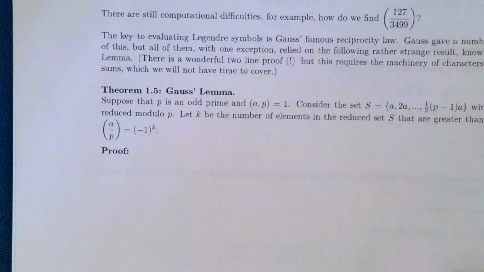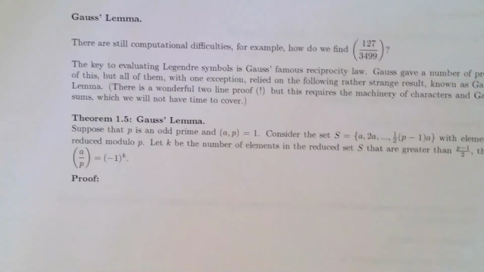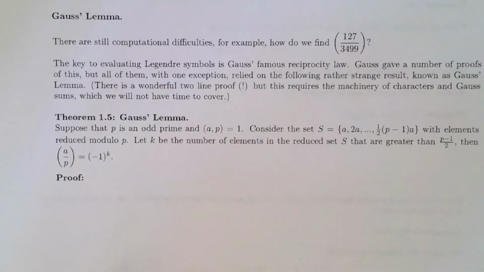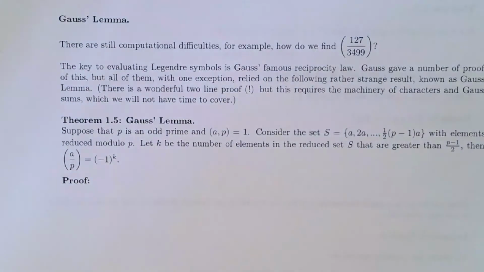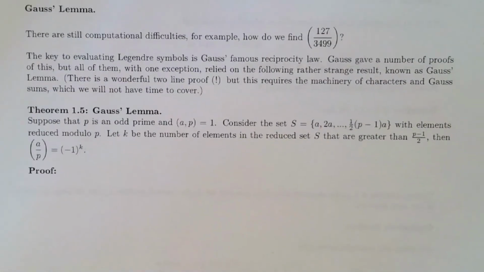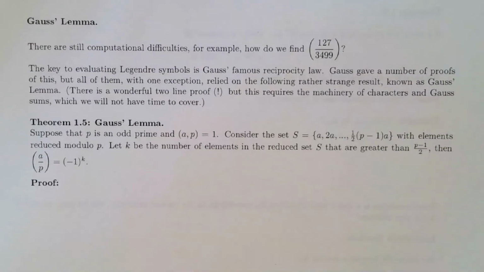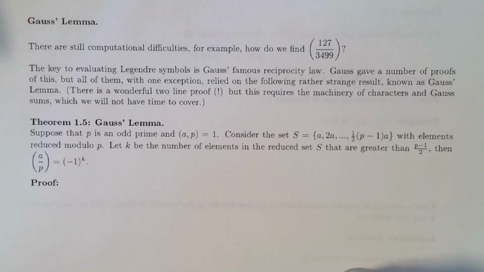Now, Gauss discovered a wonderful thing called the reciprocity theorem that we will get to probably in the next video. But as a stepping stone to that, we need what is known as Gauss's lemma.